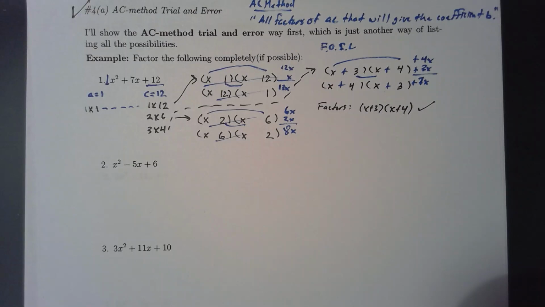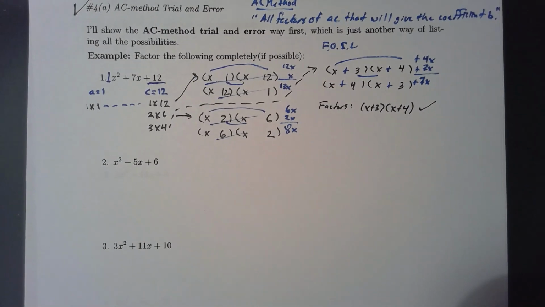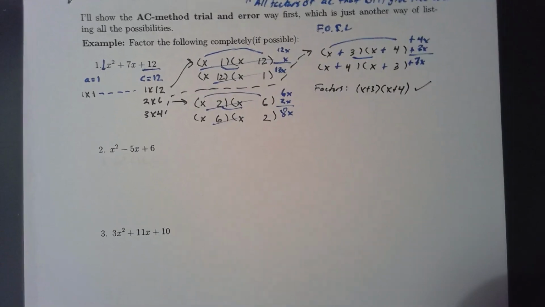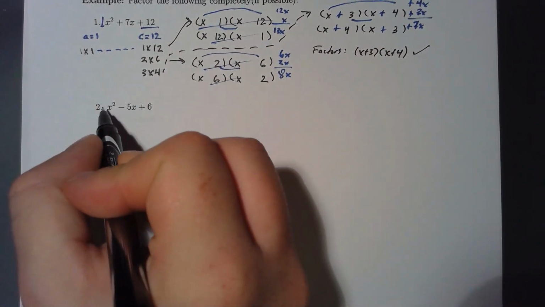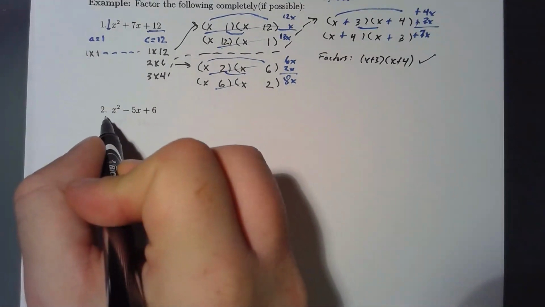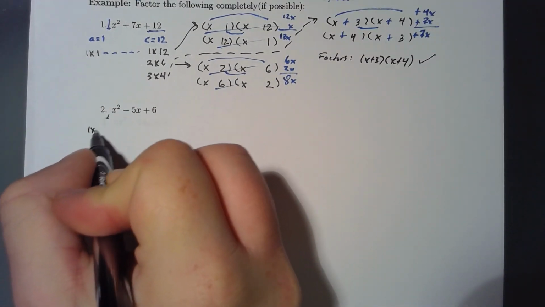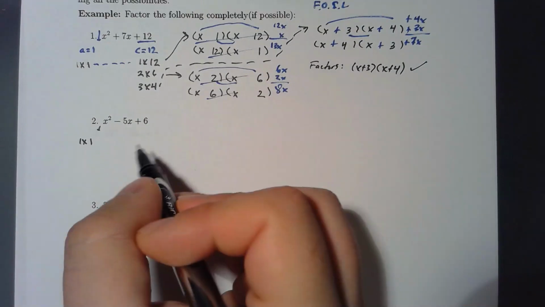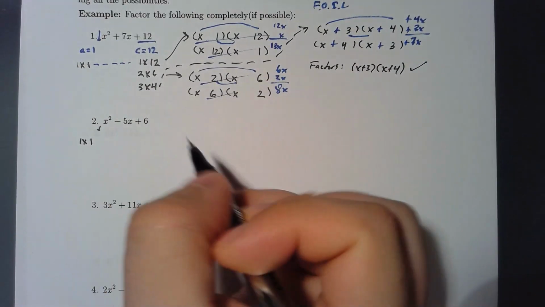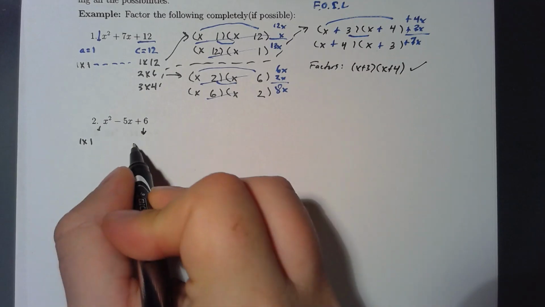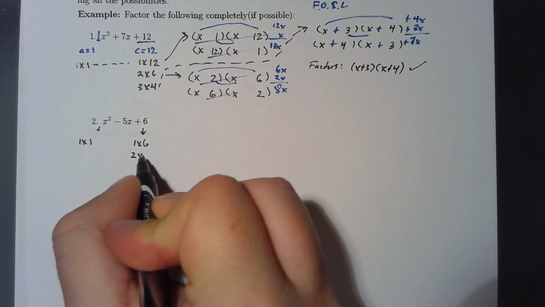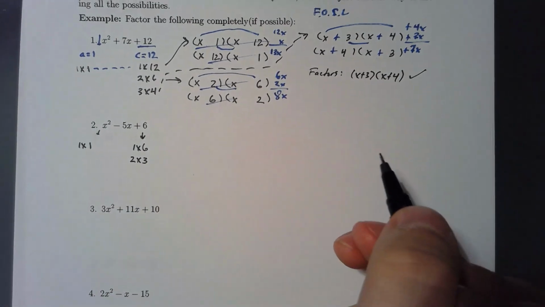All right. So now I'm going to look at the next few. Again, the leading coefficient here is 1, so that's just going to be 1 times 1. Now, 6 here, the factors of 6 are 1 and 6, and 2 and 3.